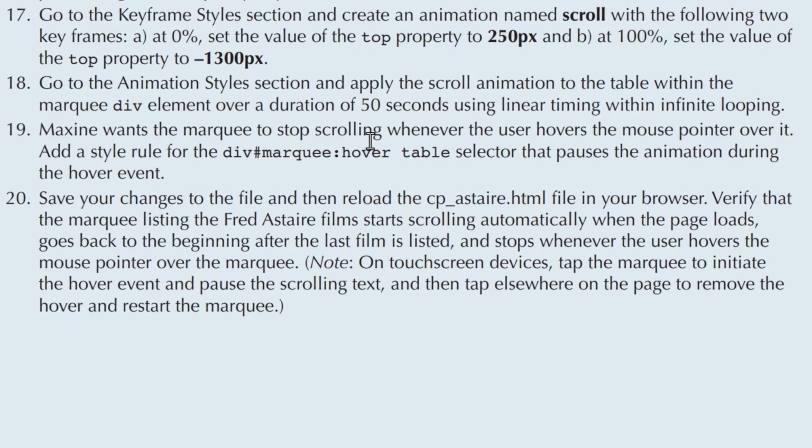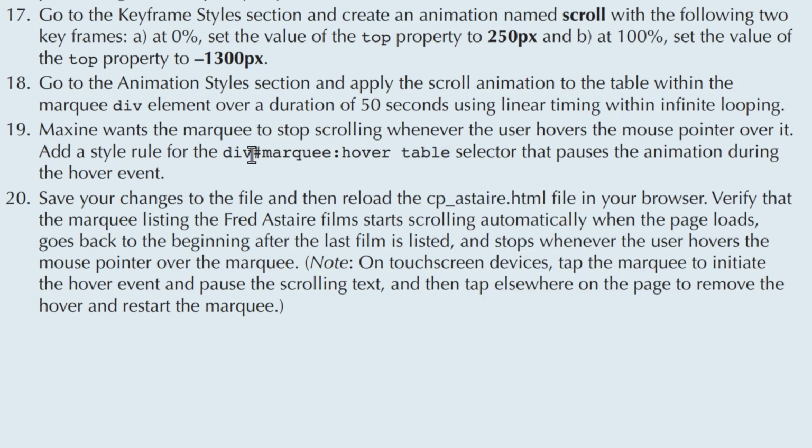One more thing to do here. Maxine wants the marquee to stop scrolling whenever the user hovers the mouse over the list of movies. And so we'll add a style rule for that div marquee hover state. So when we're hovering the marquee, we want to impact the table here.